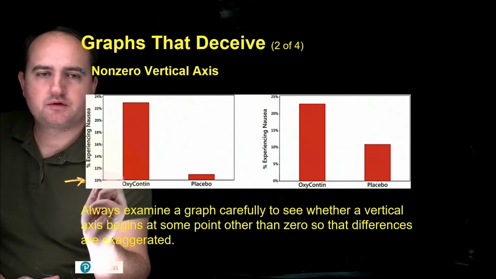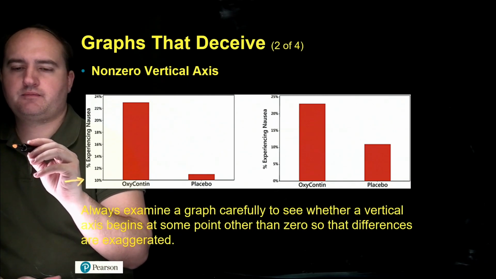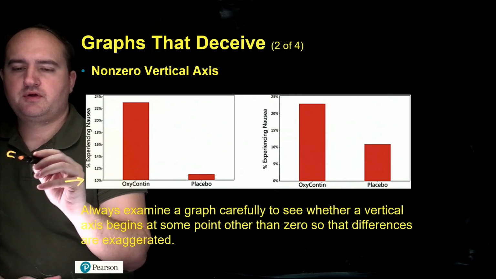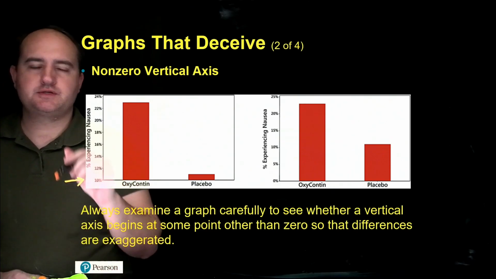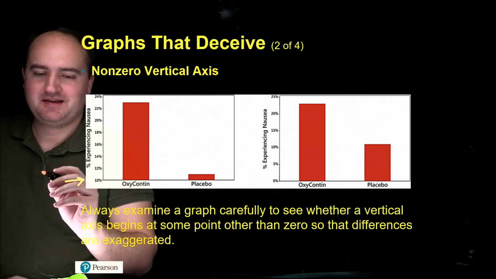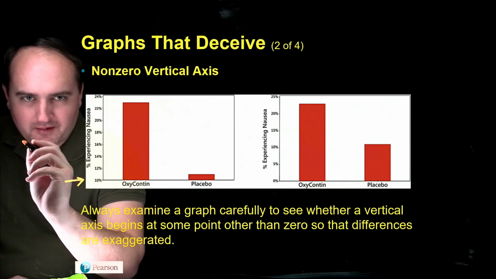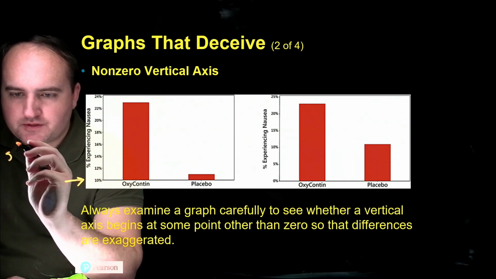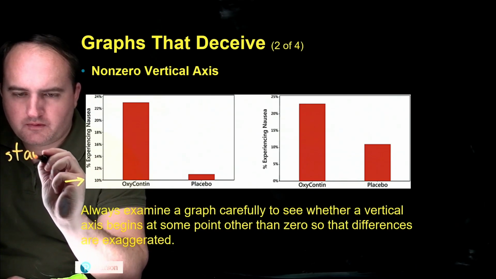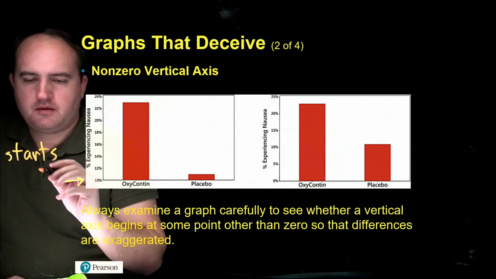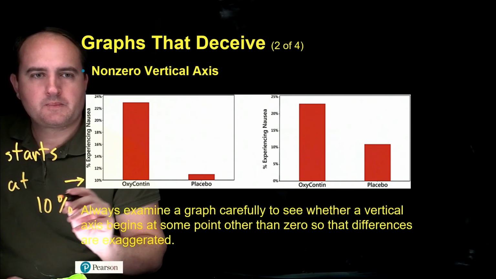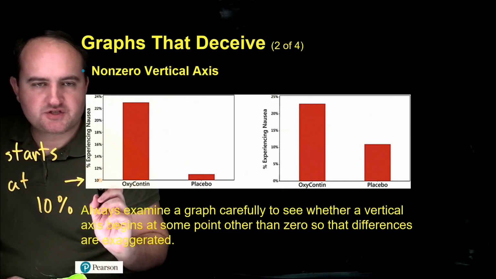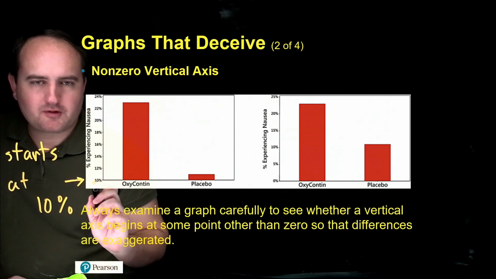So that graph starts at 10%. There's not really enough room to write here, so I'm just going to have to write a bit smaller. So it starts at 10%. Okay, that is the smallest number on the vertical axis.